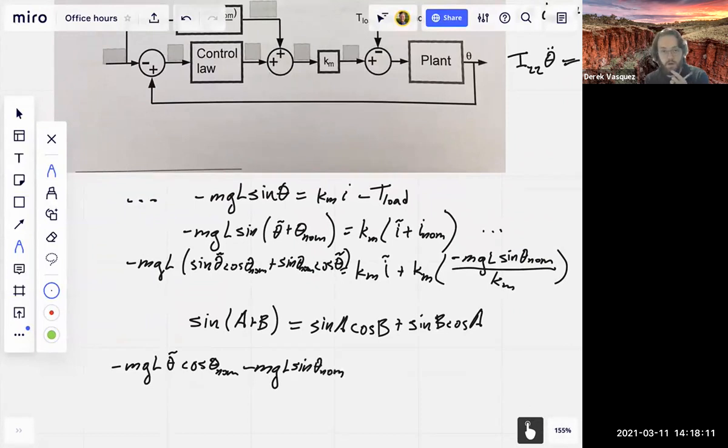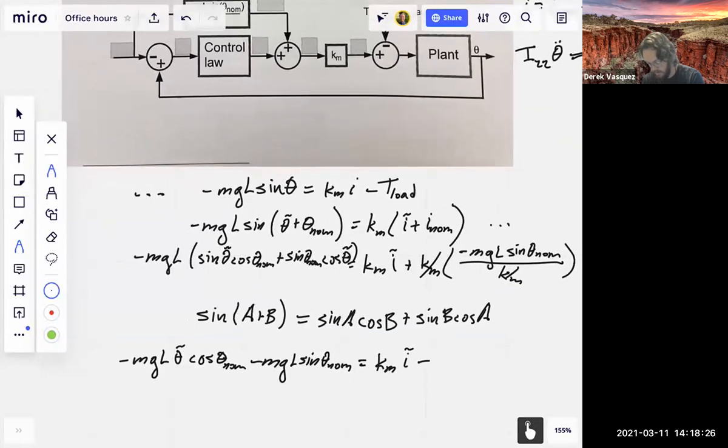And cosine of theta tilde with the small angle approximation is approximately equal to 1. And that equals km I tilde minus, so I'm going to cancel my km's here, minus mgl sine theta nominal. So you can see that these two terms cancel out.